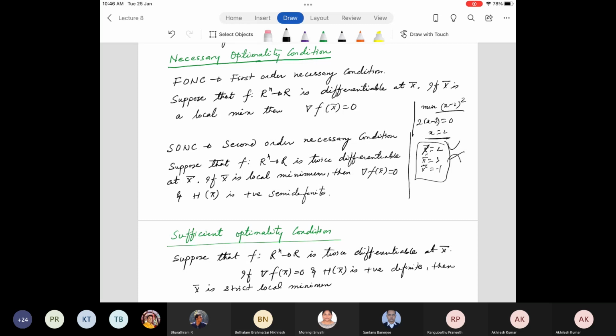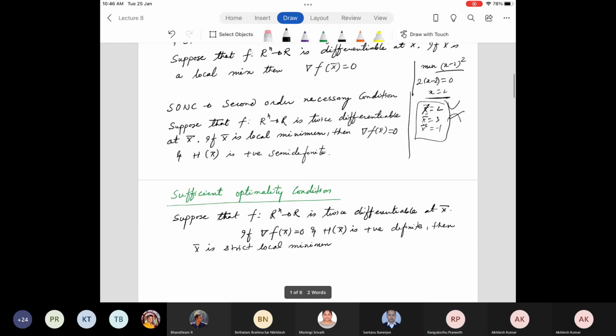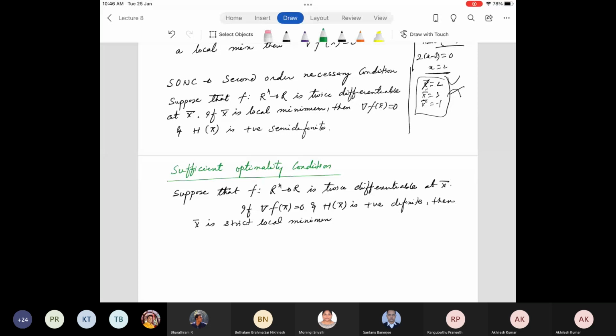Yes, sir. There is one small extension, because many a times even with twice differentiability, we cannot say anything about the function's optimality. So there is one theorem, at least it holds true for univariate functions, that I will give you.